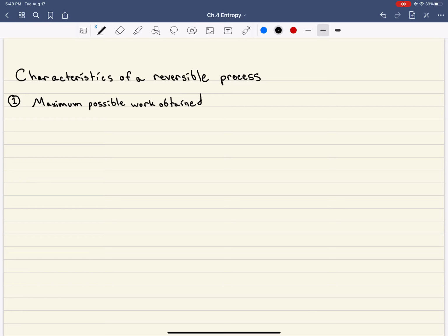And so in order to do this, if we're talking about expansion, during each stage of the expansion, what needs to happen is that the forces driving the expansion of the gas, so basically the difference between the force of the gas and the force acting in the downward direction, have to be very tiny. In fact, they have to be infinitesimally unbalanced. So that means they're basically the same.